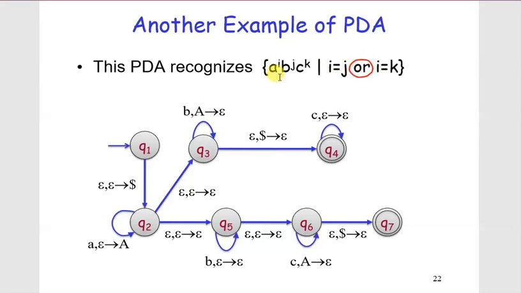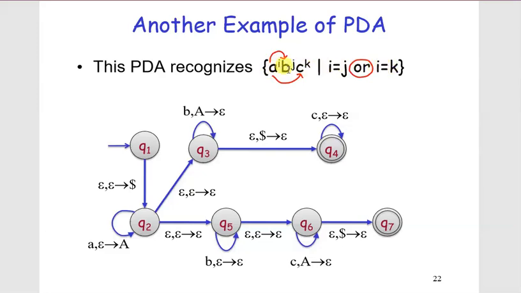So we need to make sure that the number of A must be equal to the number of B, because i equals j. So a power of i, b power of j. Or we need to make sure that the number of A must be equal to the number of C, because i equals k.